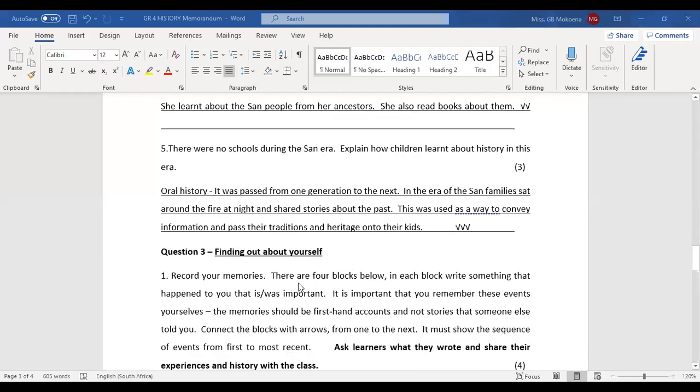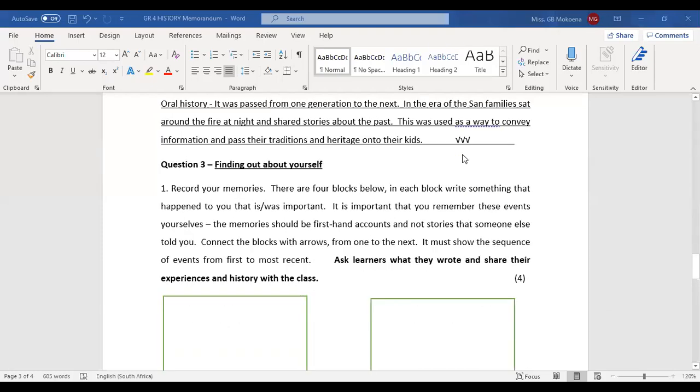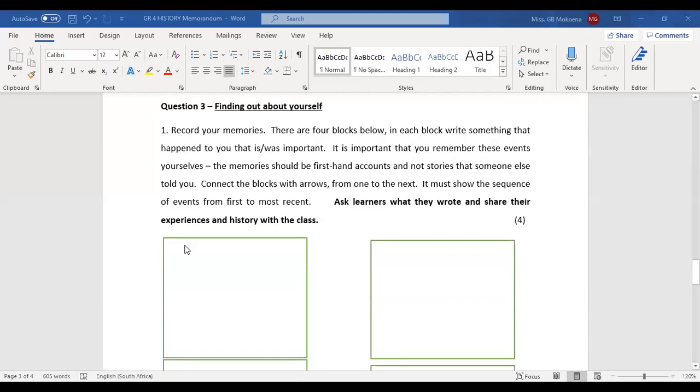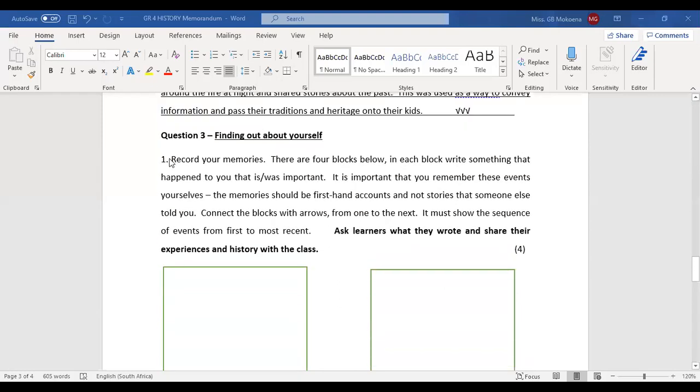Okay, so I've got 2 minutes left. Finding out about yourself. Record your memories. There are 4 blocks below. In each block, write something that happened to you that was important.